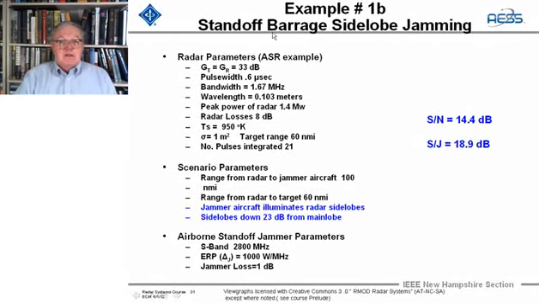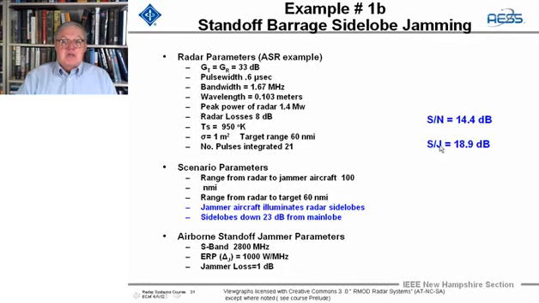Now, if we look in the barrage mode, where you're further away and you have a lot higher power, and you're illuminating in the side lobes. The side lobes are down 23 dB, so the signal-to-noise ratio is 14 dB, and the signal-to-jammer ratio is 18.